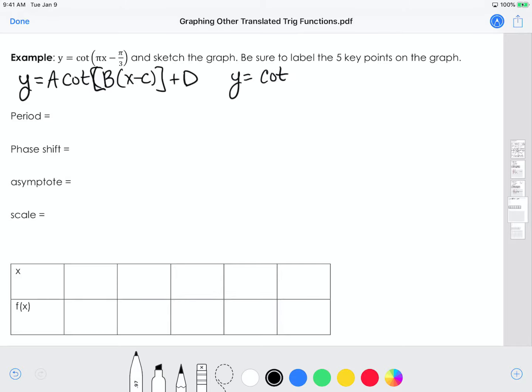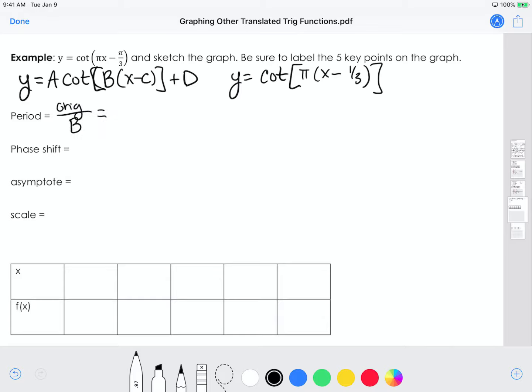I'm going to pull out and factor out that pi, so I get pi x minus, and that's going to give me a 1/3 when I divide pi over 3 by pi. So my new period is going to be the original period divided by b.